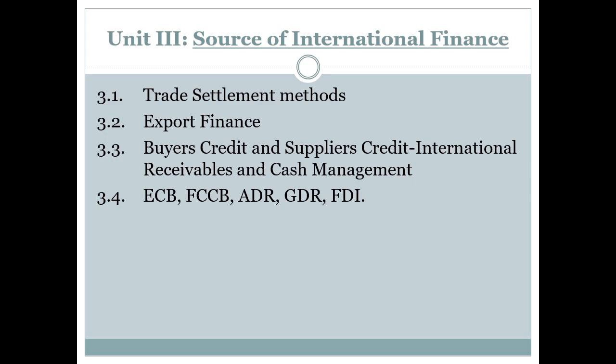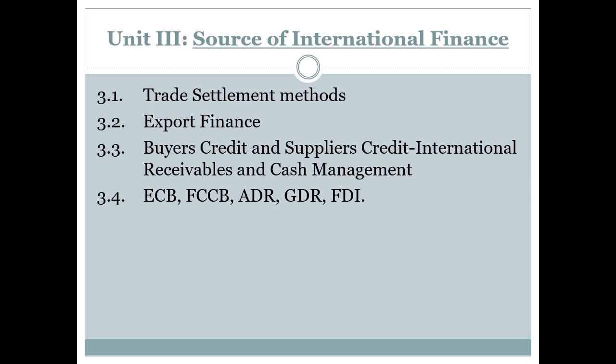If we want to do export, then what is the source of finance, or which are the institutes which support you, so that you can carry on international business successfully. Then buyer's credit and supplier's credit.